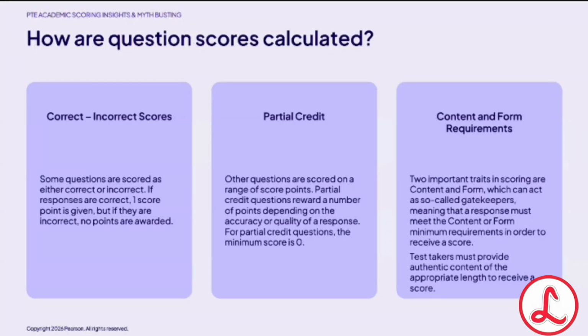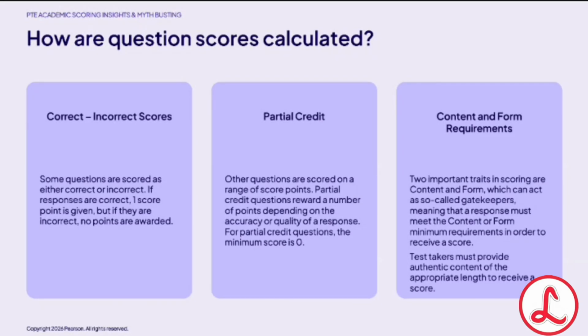And two really important things to remember for questions that are scored based on quality like that are things called content and formal requirements. Some questions, for example the essay question, will have a requirement for content and for form. Content requirements are about the relevance of a response and the appropriateness of the response to the prompt.